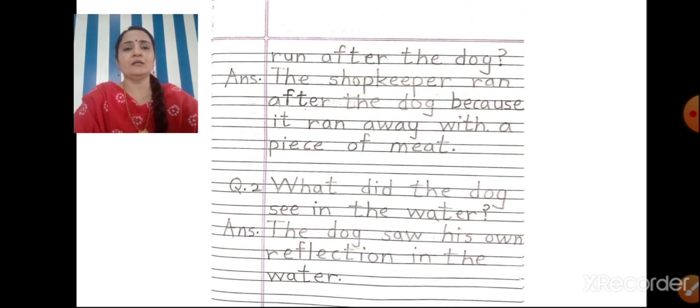Then write capital ANS dot. Next line in the red column, write capital ANS dot. It means answer.